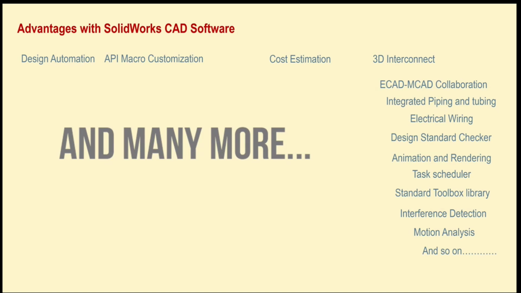Next, we have design standard checker. Design standard checker is again a beautiful tool in SolidWorks which will help you meet the standards of your drawings. Let me give you a small example. If you have a drawing which has some set of values, like what is the font of the section line, what is the font of the annotation which is going to be used, what is the font included in the title.